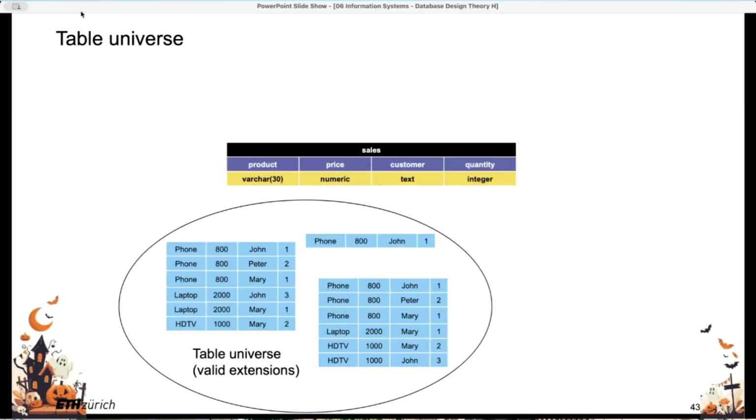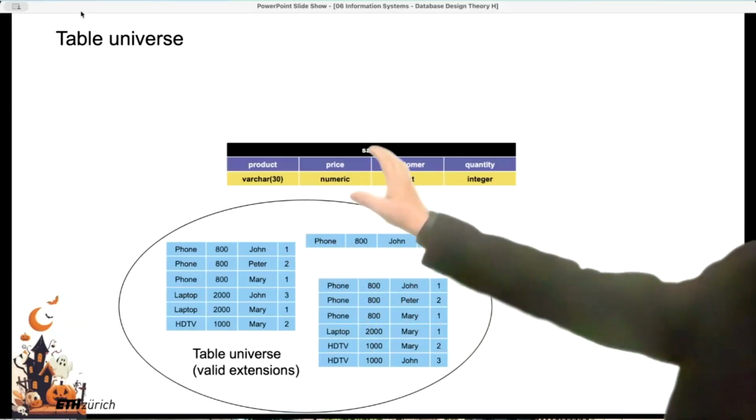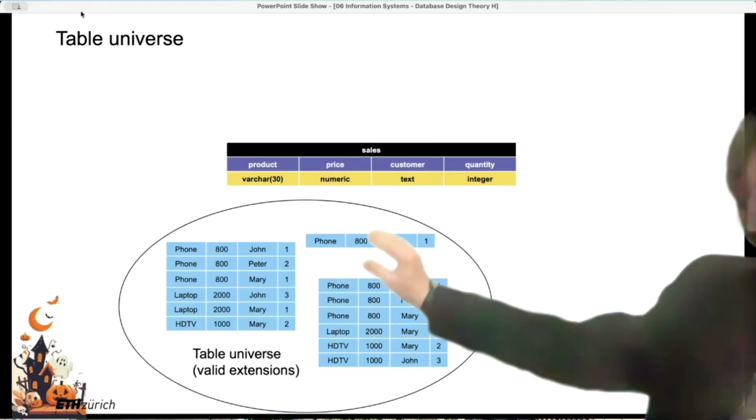And if you ever try to do an insert into with something that doesn't conform to the schema, you get an error, right? And if you do conform to the schema, it's going to update it. So we call them the valid extensions. The sets of tuples are valid extensions if they respect the schema of the table that you have above here. So you can see these three respect the schema. They could go together with this.